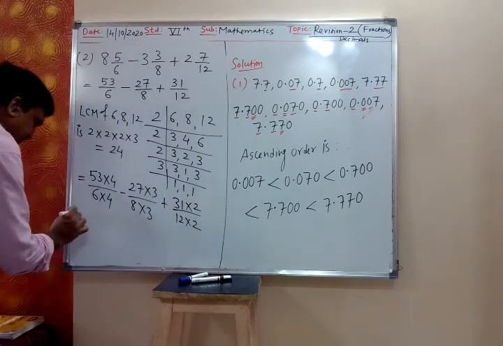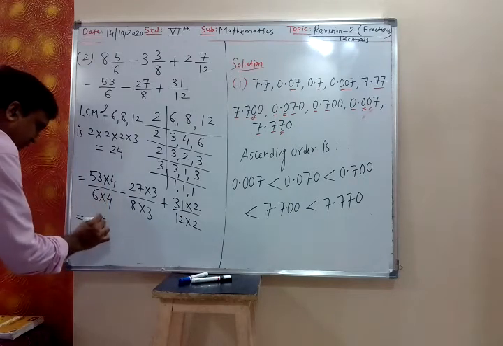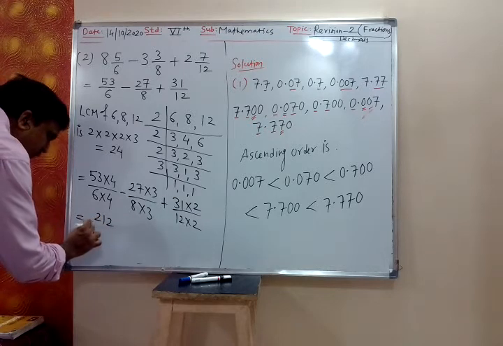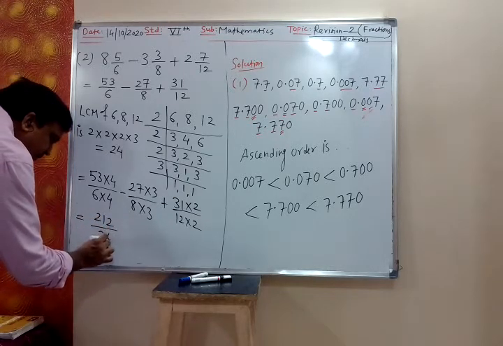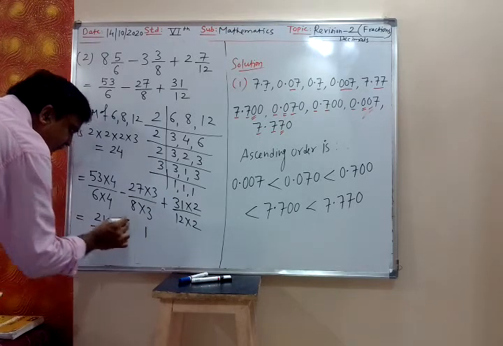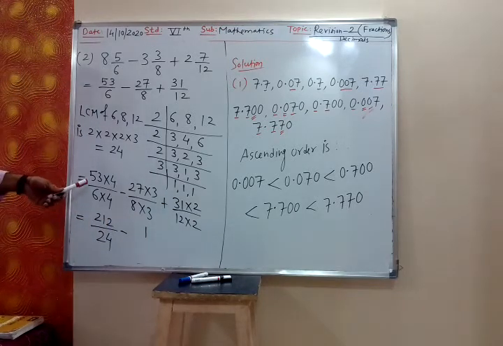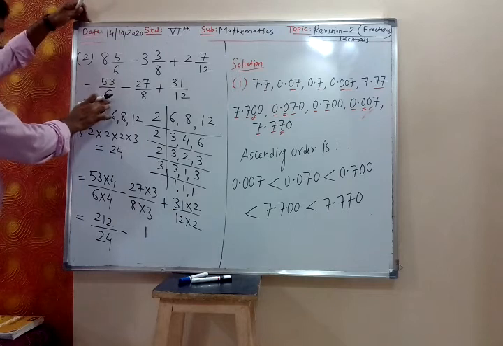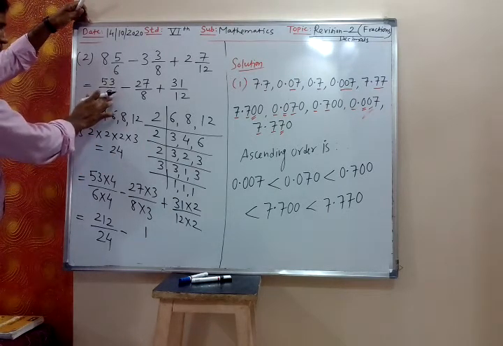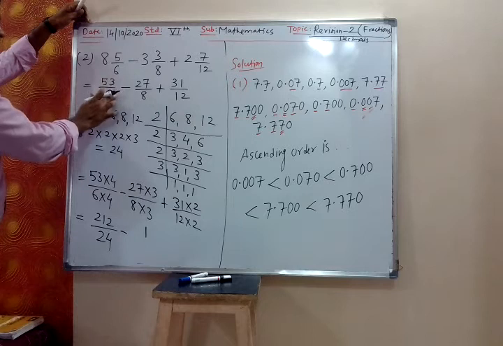So now let us simplify. 53 into 4. 4 3s are 12. 4 5s are 20 plus 1, 21. 212 upon 24. Minus 27 3s are 81. See, this is 6. LCM is 24. So 6, I have to multiply by which number so that it becomes 24? By 4. So multiply by 4 in numerator, multiply by 4 in denominator.